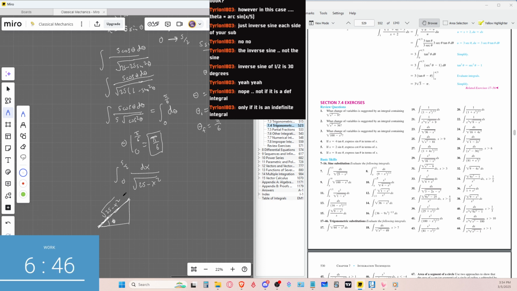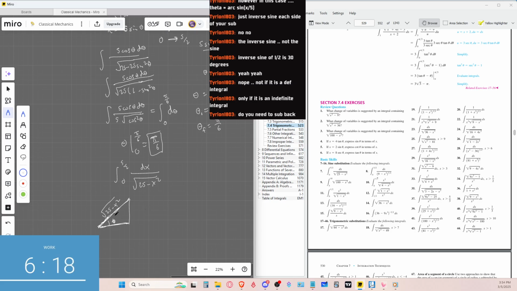And then the sine of, I'm trying to remember, because every time I did this on a test I would always draw this triangle. It was a good way for me to check it.